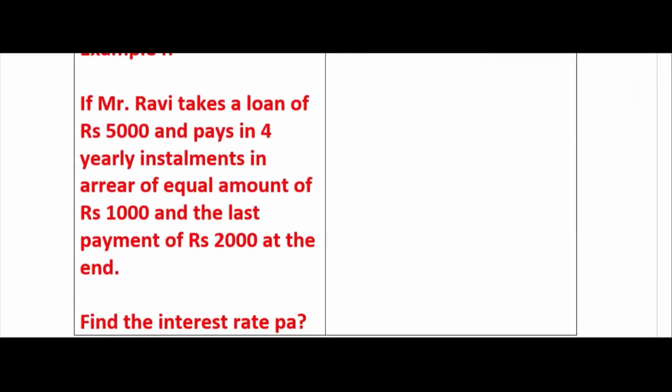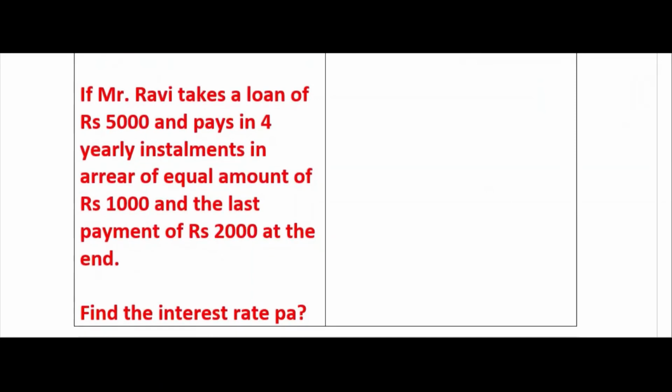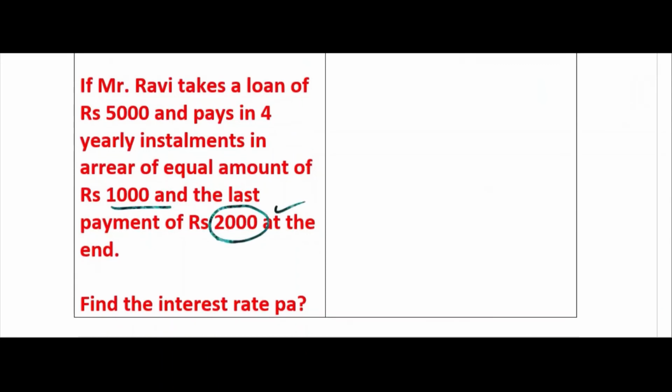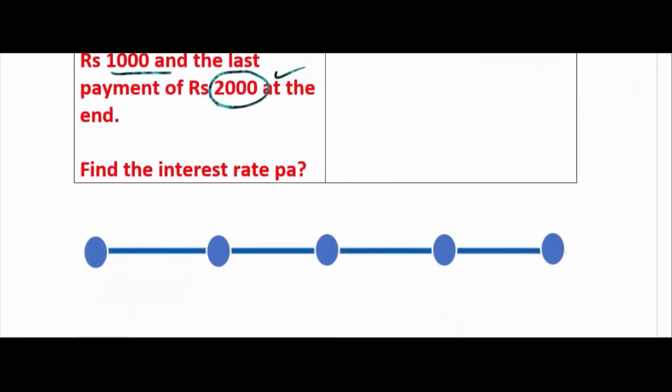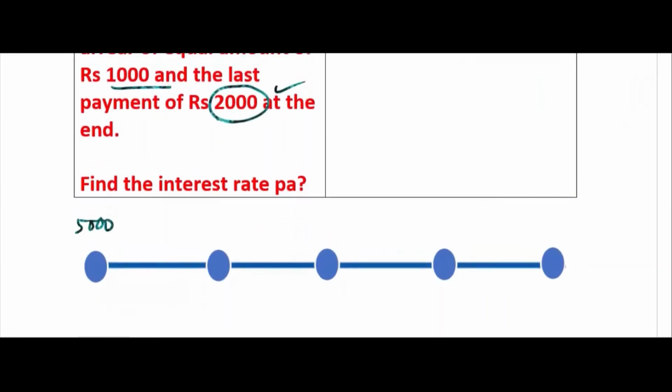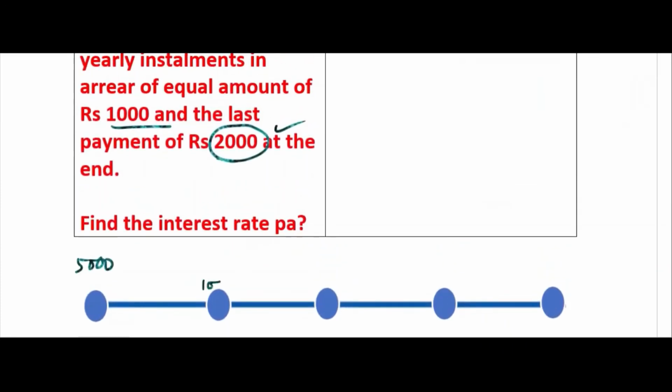Okay. Now this is a question, how is this different? The last payment is different. All are equal, 4 payments, and there is a last payment of 1000. If I write 5000 here, there are 5 payments. One annuity of 1000, you have to pay this way if you have taken a loan, and finally you have to make another payment, that is 2000.